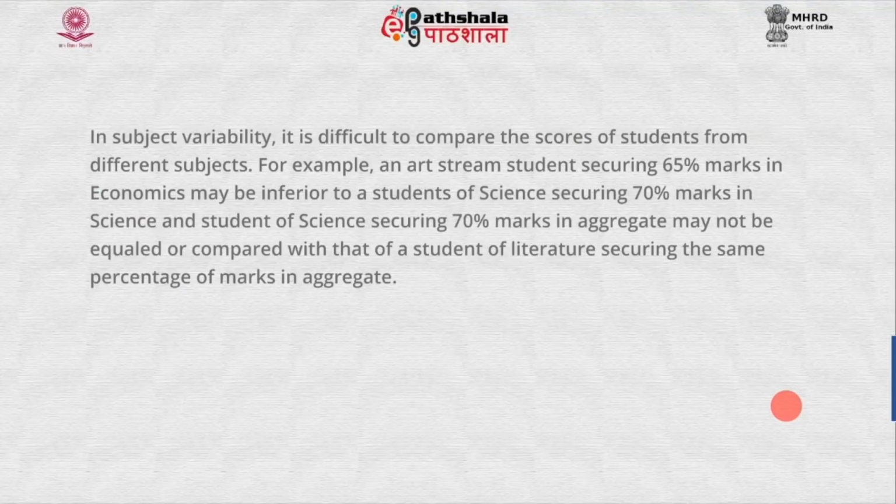For example, an arts stream student securing 65% marks in economics may be inferior to a student of science securing 70% marks in science, and a student of science securing 70% marks in aggregate may not be equal or comparable with that of a student of literature securing the same percentage of marks in aggregate.